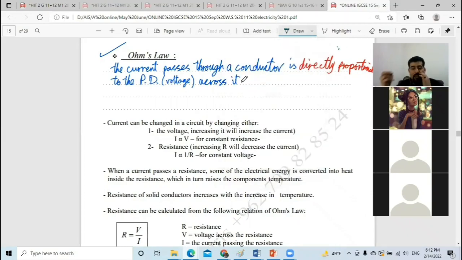But what is the condition? When we talk about Hooke's law, we said until it reaches its limit of proportionality. Here, when the resistance is constant, or temperature or whatever remains what? Remains constant.